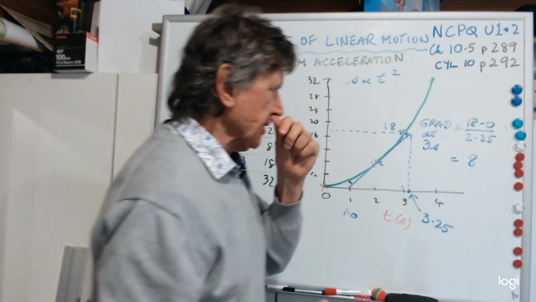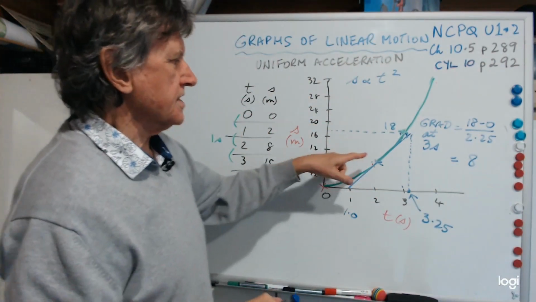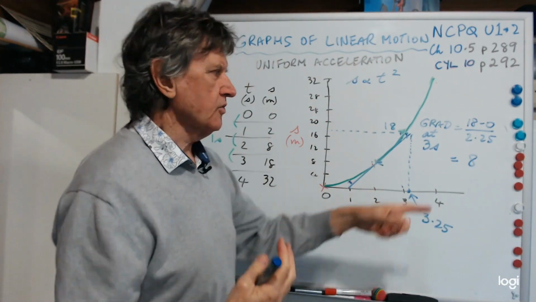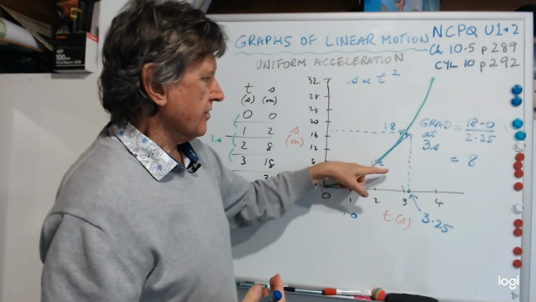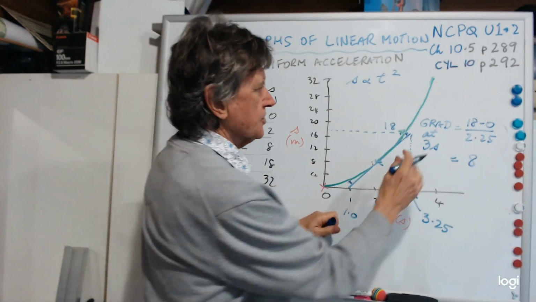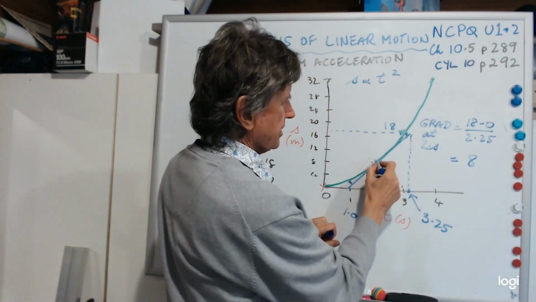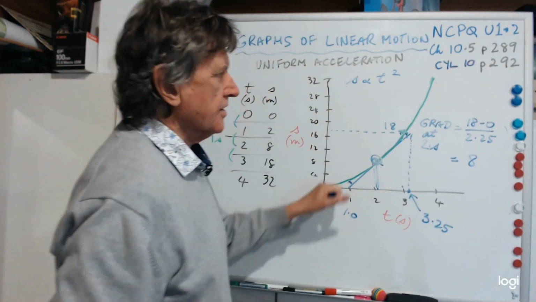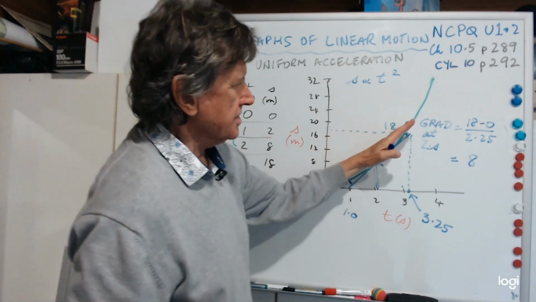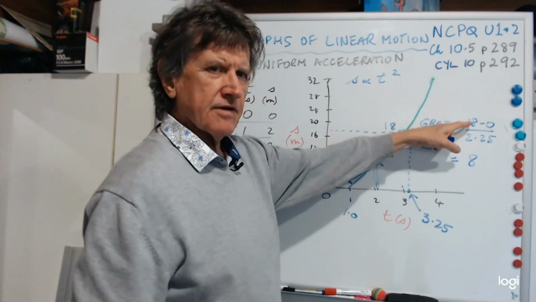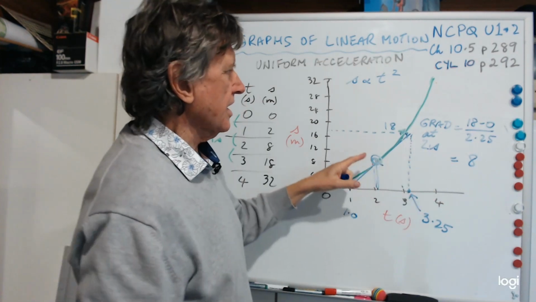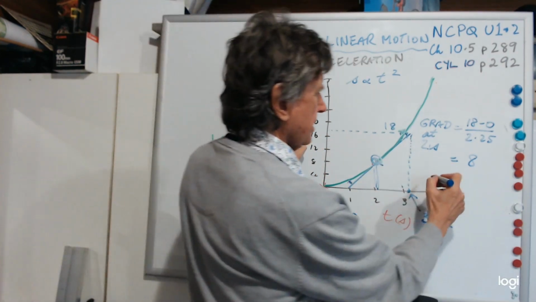Now, the question is, what was 8? Sorry, this is 2 seconds, not 3. This is 2 seconds here, because that's where I made that point. So the gradient at the 2-second mark, which is that line there, has a value of 8. Now the gradient is just s on t.